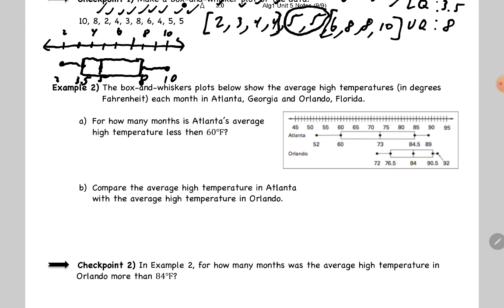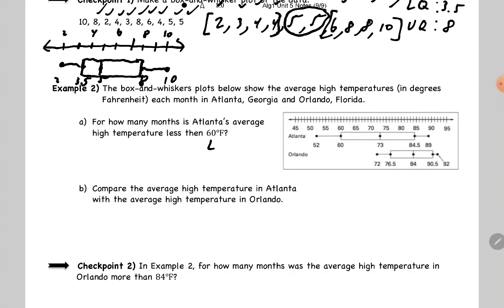So we look at 60, and 60 degrees is the lower quartile. So the lower quartile represents 25% of the data. So that means 25% of the time, the average high temperature is less than 60 degrees. Okay?